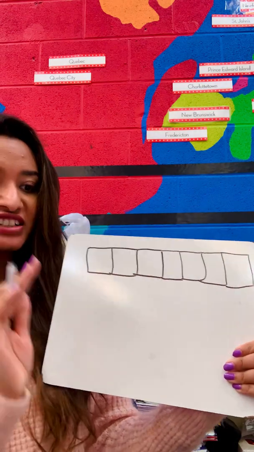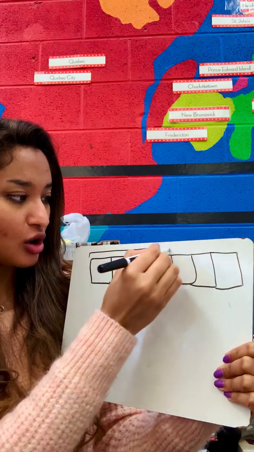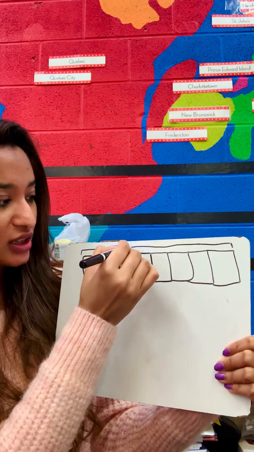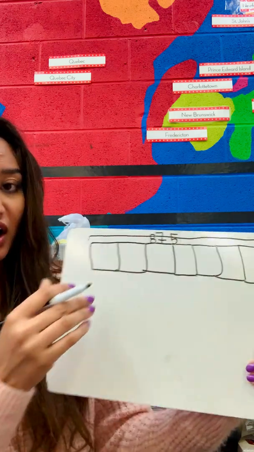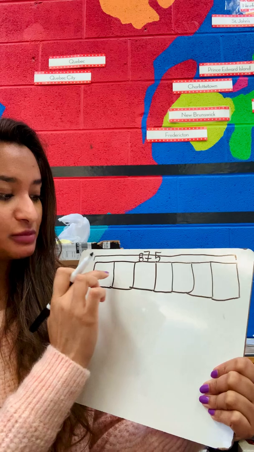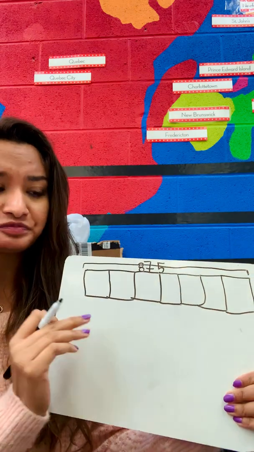Okay, so these are my 7 bags, and she packaged 875 grams of sugar in all these 7. So all of these packages, they have 875 grams of sugar.